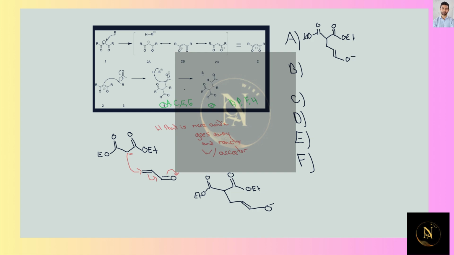Now, if we want to go to the next step, this compound, that is the answer for A, is going to turn into the corresponding acid. Let me go down a little bit.